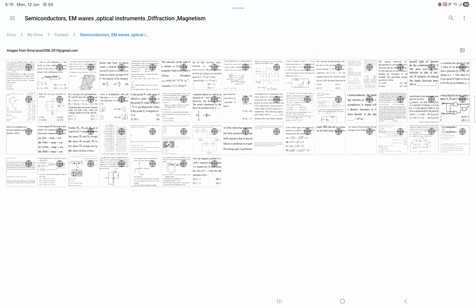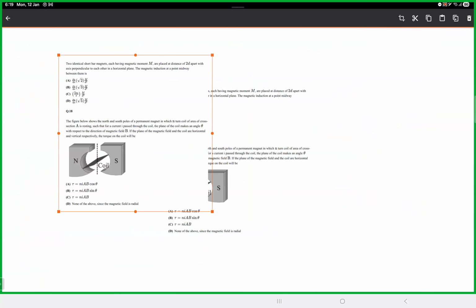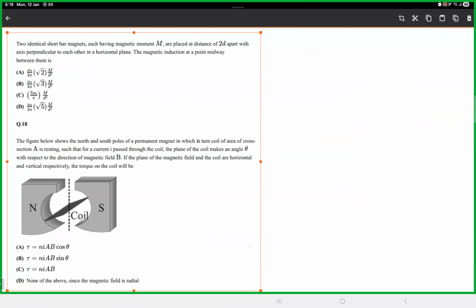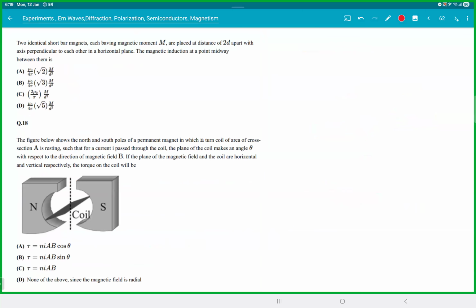What about this thing? Two short magnets, each having magnetic moment m, are displaced at a distance of 2d apart, with axes perpendicular to each other in a horizontal plane. The magnetic induction at a point midway between them is.